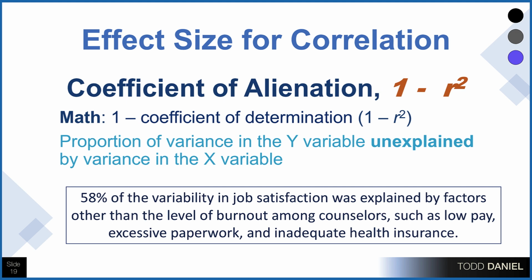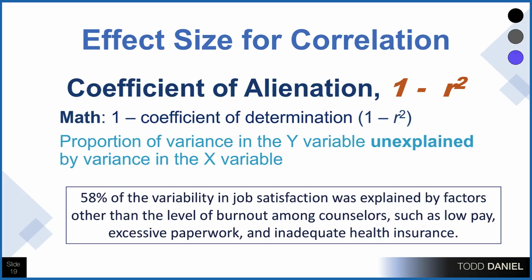When we create a coefficient of determination, there must be something left over, because you remember these values have to add up to 1. If we subtract our coefficient of determination from 1, we get the coefficient of alienation. It is the proportion of variance in y that is unexplained by the x variable.